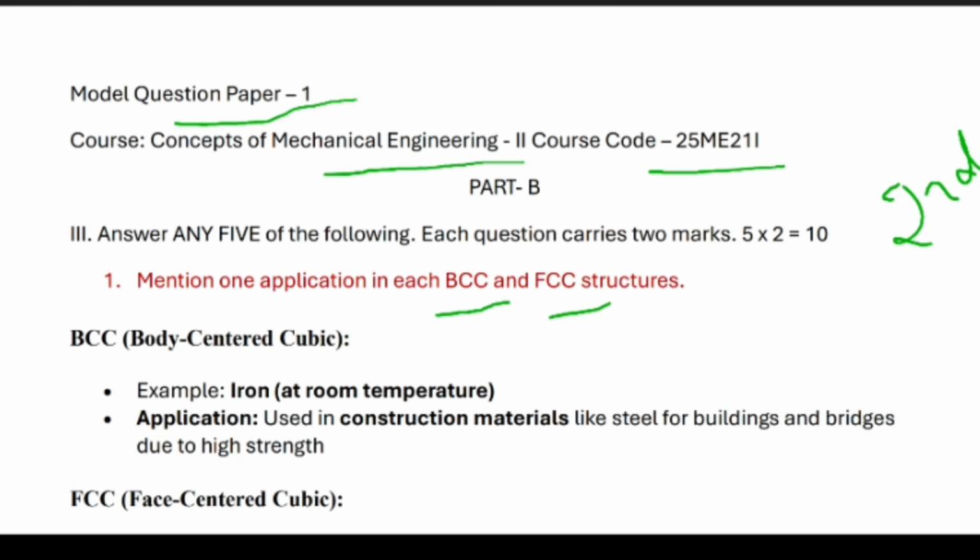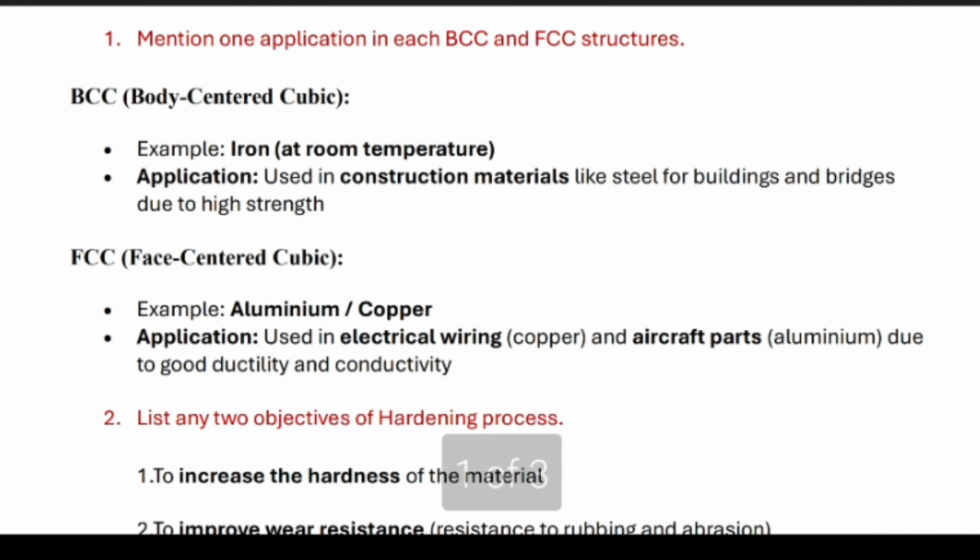BCC structure is body centered cubic. FCC is nothing but face centered cubic. The answer: in BCC, you can give iron at room temperature as an example. Applications: construction of materials like steel, buildings, bridges, due to high strength.